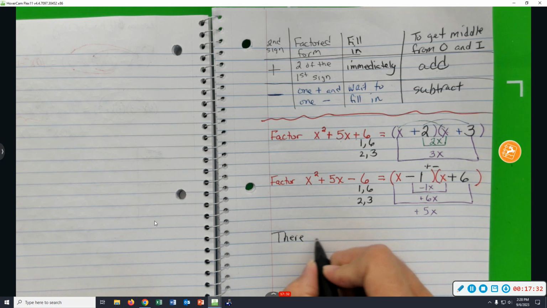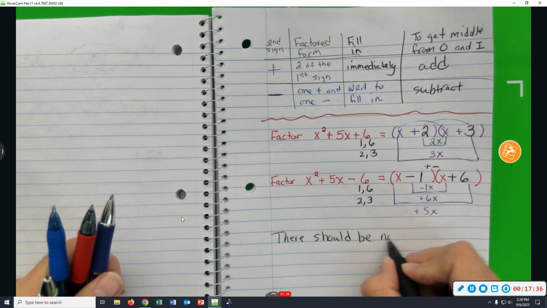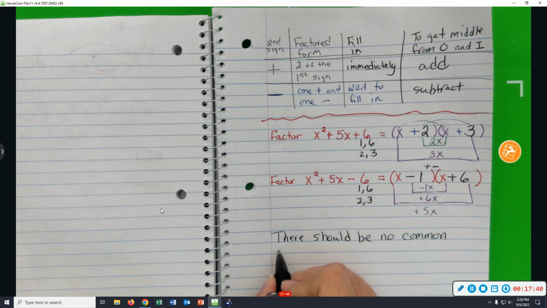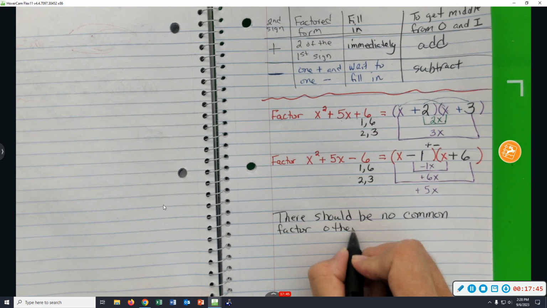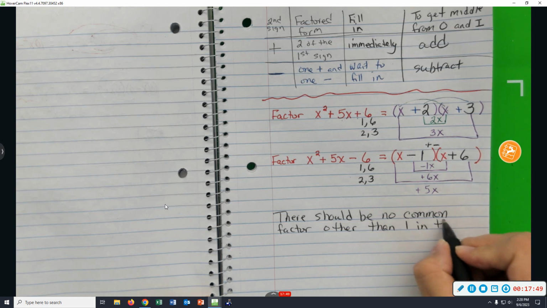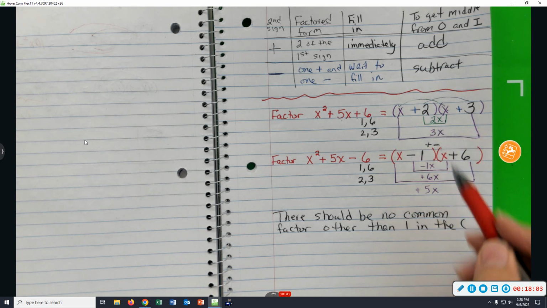There should be no common factor other than 1 in the parentheses. If you're factoring these correctly, what the heck am I trying to say? When you're going through this trial and error, that's all it is, figuring out how do I get that middle term.